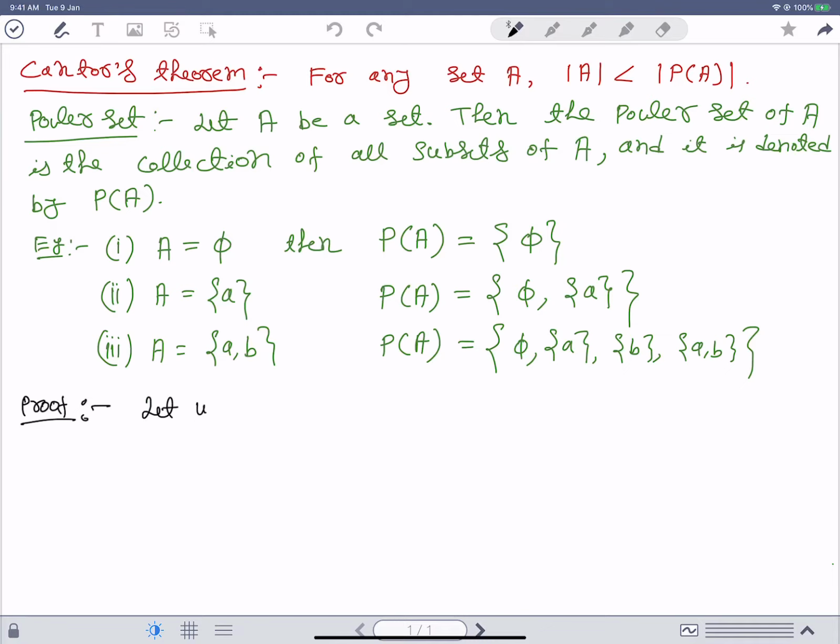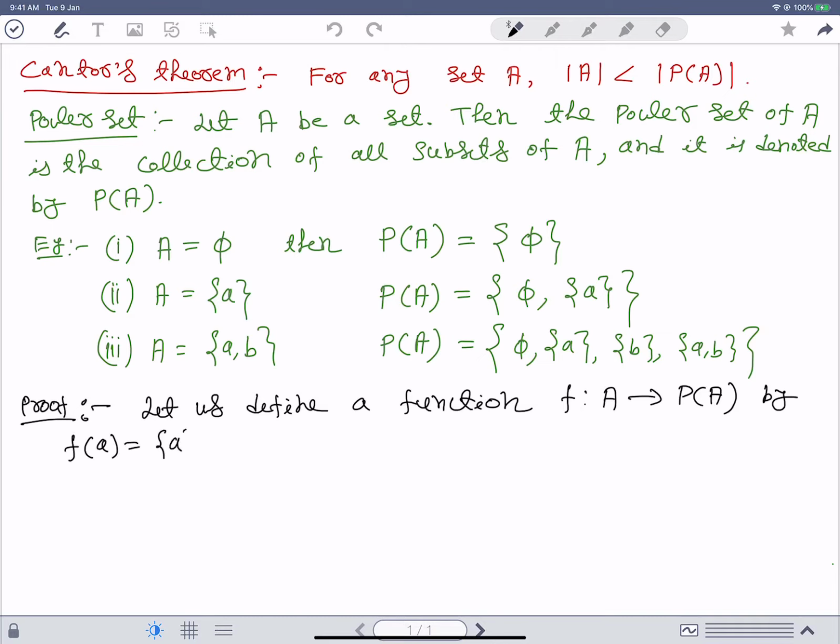So let us define a function f from A to the power set of A by f(a) equals the singleton {a}.